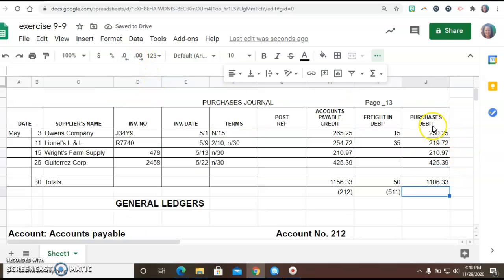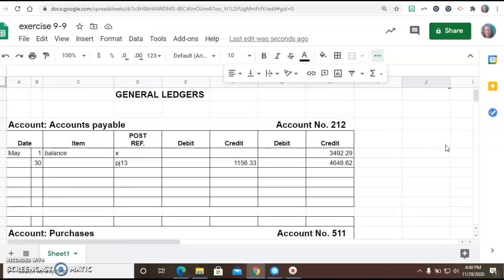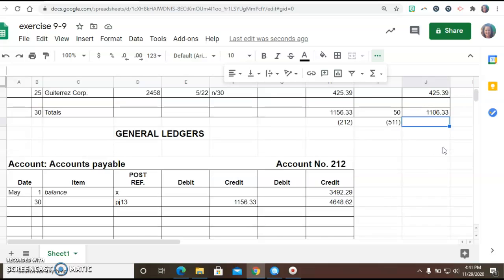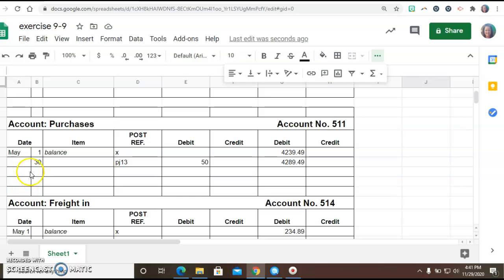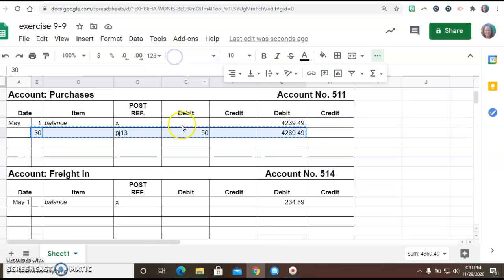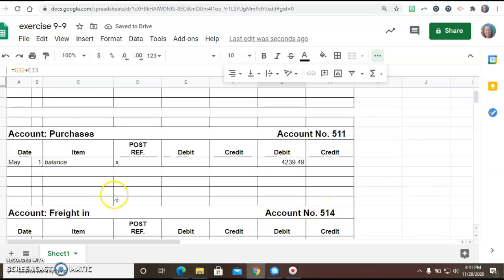And then our last total here is going to go into purchases as a debit, 1,106.33. All right, you guys, I got you in the wrong spot here. This should go into here. All right, so there's your updated total.